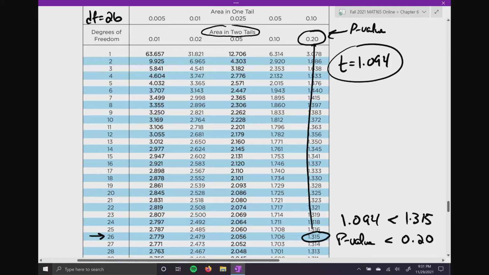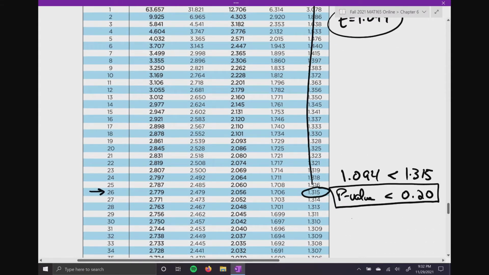Now, what really makes this difficult is that we don't even know how far less it is. But what we do know is it's going to be smaller than 0.20, all right? That is our best guess right there. Like I said, this is our best guess.